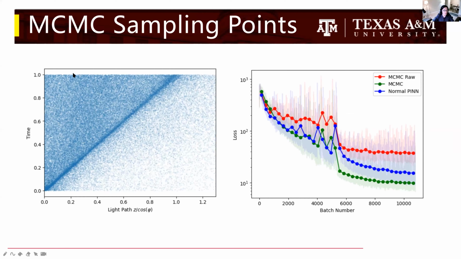In the end, we get such a map projected to 2 dimensions, which shows the positions of the collocation points. And we can see there seems to be a line.